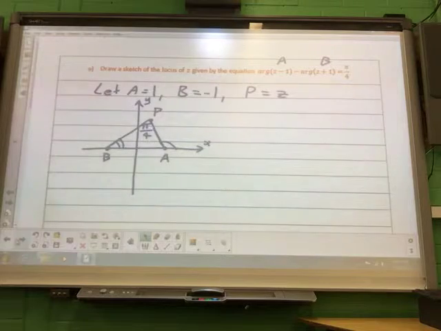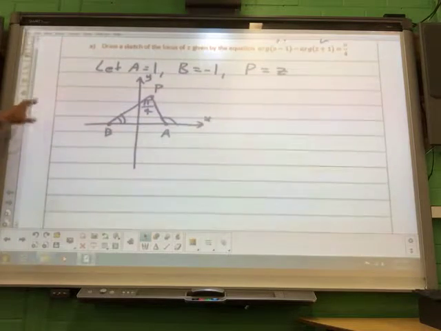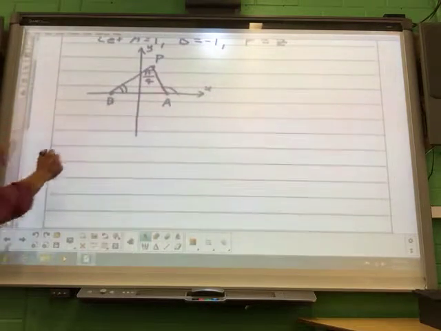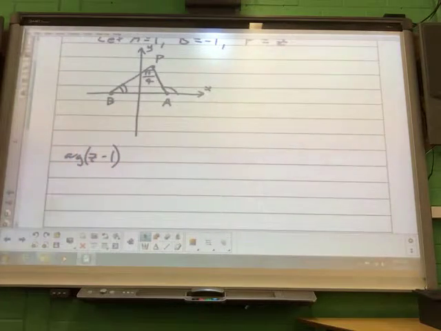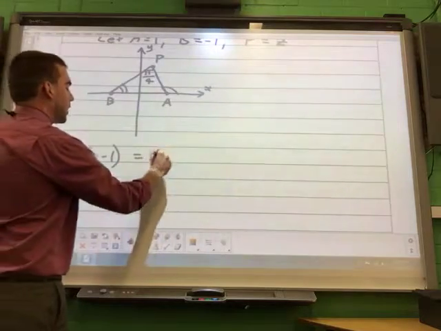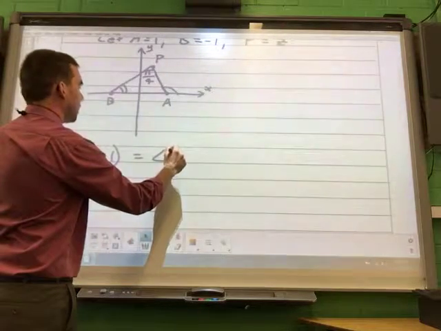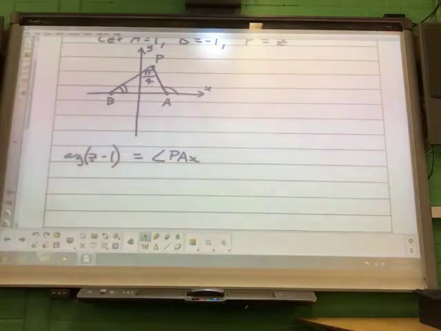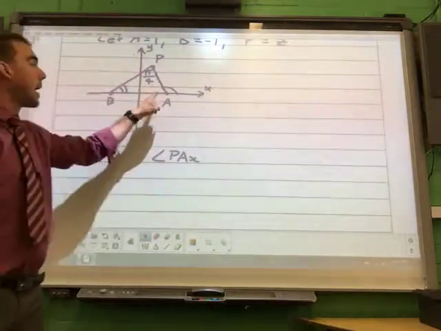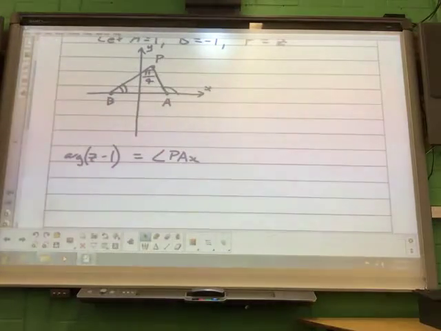So, the arg of Z take away 1 is the angle the ray from 1 to Z makes with the horizontal. So it's going to equal angle PA with the positive x direction.